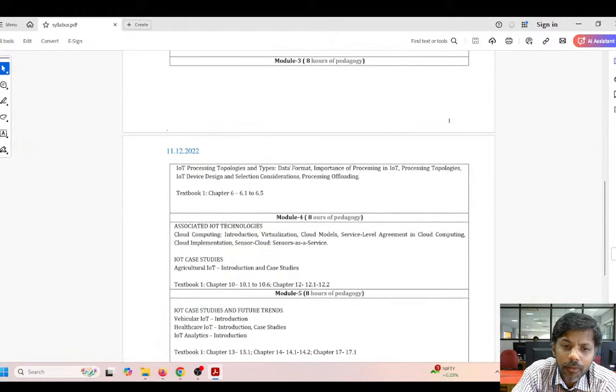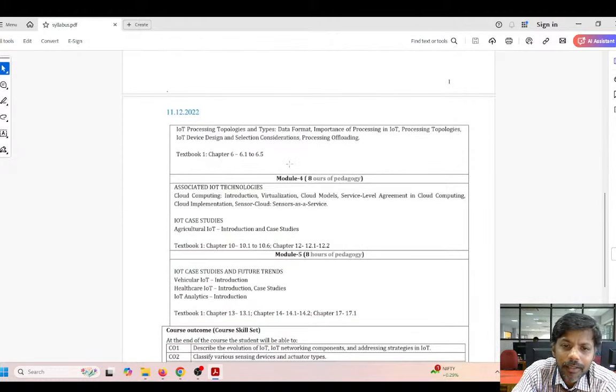And coming to the module 3, this is basically the topologies, that is the IoT processing topologies. Topologies means how we are going to interconnect all the nodes means the individual things, how it will be interconnected, and also the data formats, then the device design, and the selection considerations.